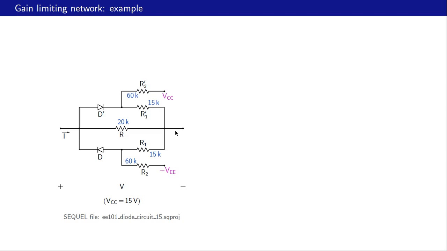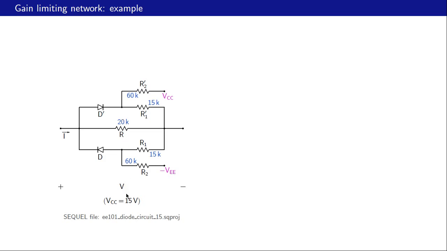And when D prime and D are both off, this node is at 15 divided by 75 times VCC with respect to this node here, simply by voltage division. Let's say we are taking this as a reference or ground. With respect to that ground, this node voltage is 3 volts when D prime is not conducting.